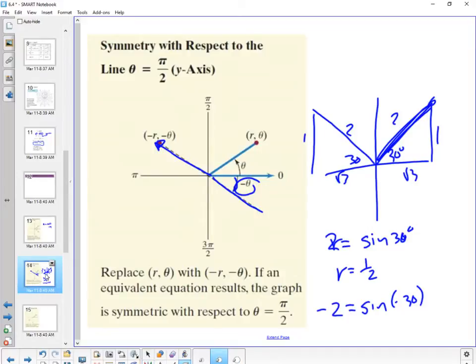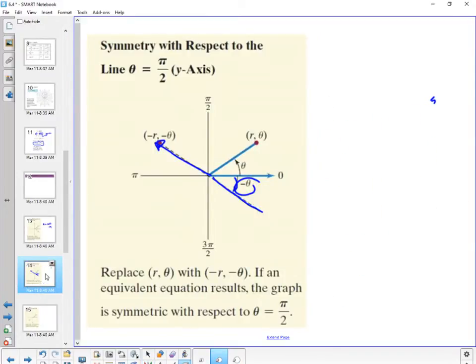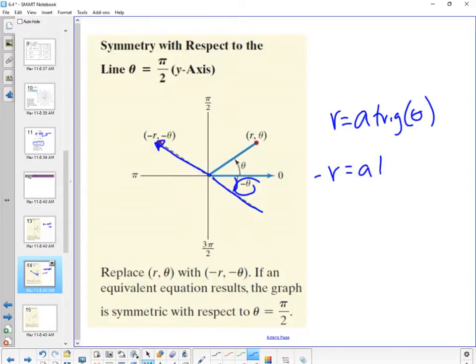So in this case, if I have r equals a trig of some theta, I'm going to change both of them and check if I get out the same trig equivalent. So you're checking the y-axis, you change the r and the theta to negative, and if you're checking the x-axis, only change the theta to negative.